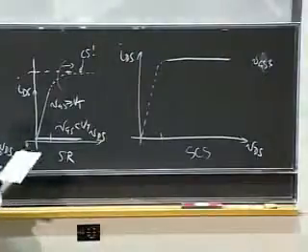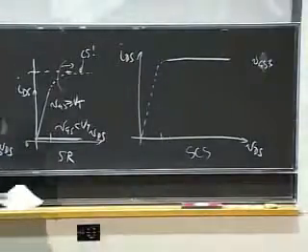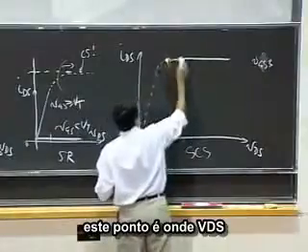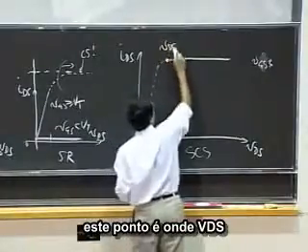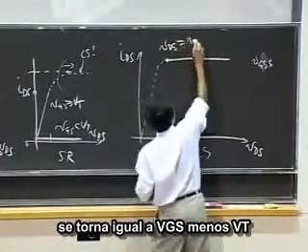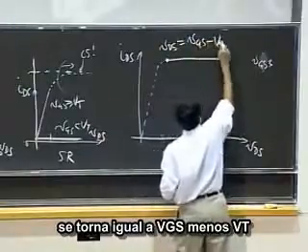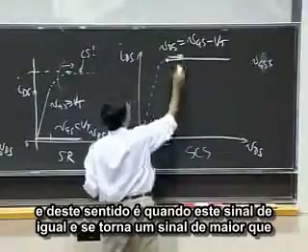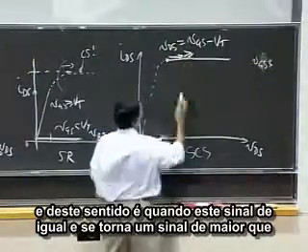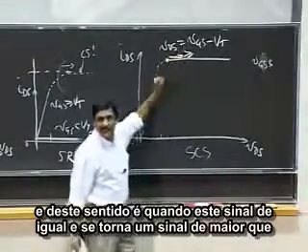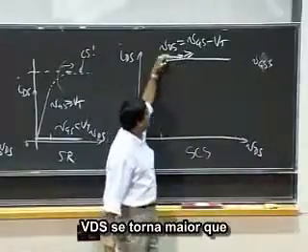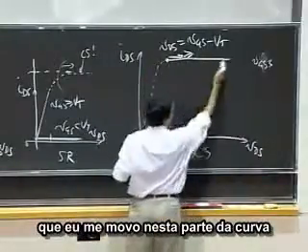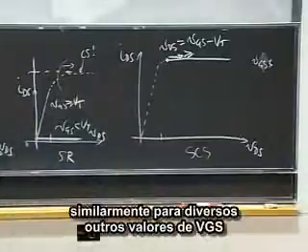Okay? And this point is where VDS becomes equal to VGS minus VT. And this way is when this equal sign becomes a greater than sign. VDS becomes larger, then I move into this part of the curve.